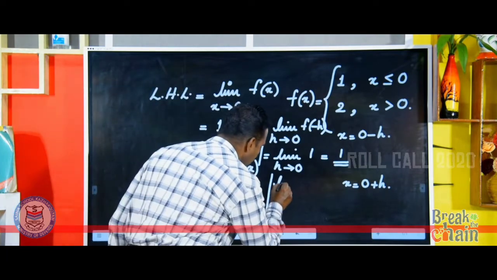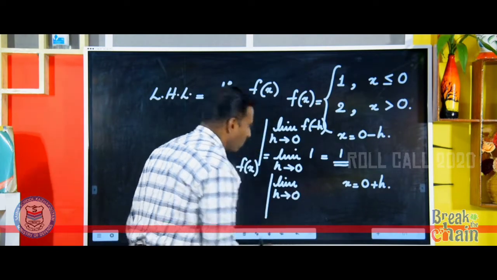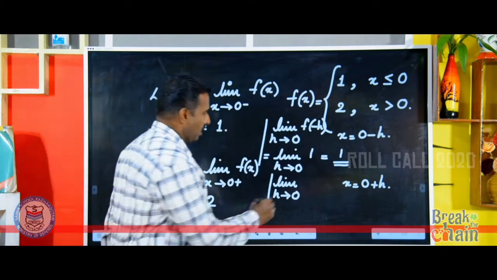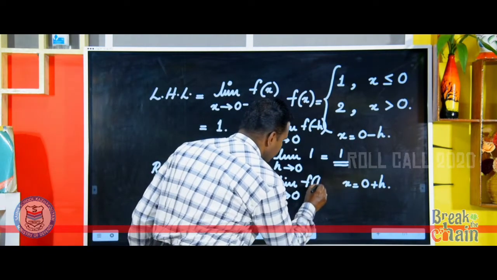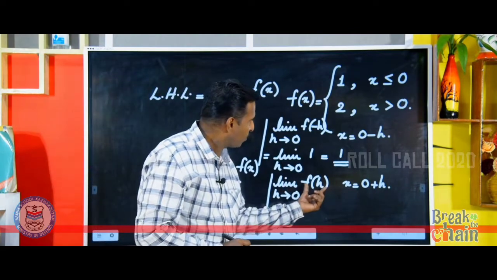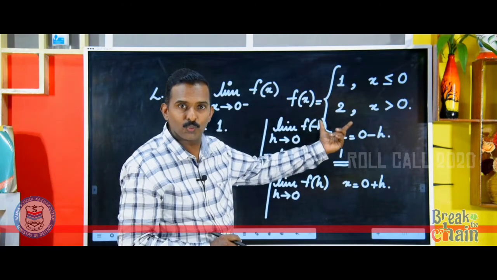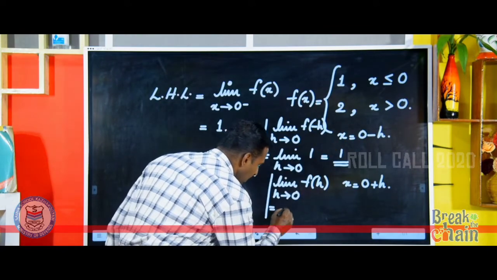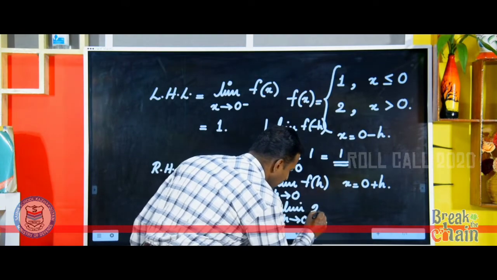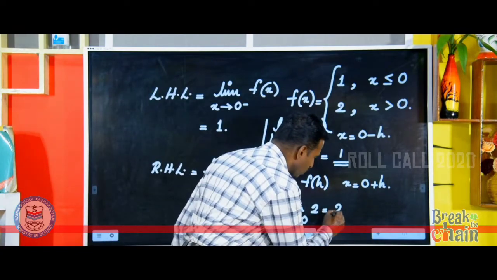Therefore, it will become limit h tends to 0, x equal to 0 plus h. Therefore, x becomes h, f of h, and h is positive. H is positive means f of h becomes 2, because for x greater than 0 the function takes the value 2, and therefore this becomes limit h tends to 0 of 2, and as earlier, the limit of a constant is 2.